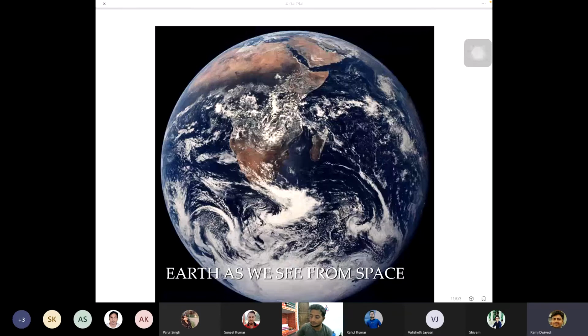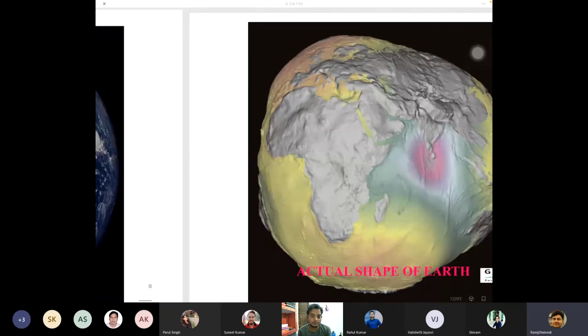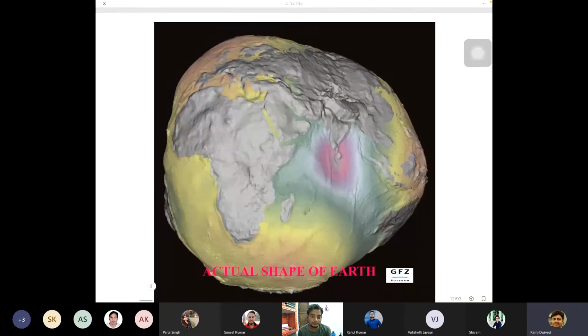It is a very good surface, and it looks like a sphere, isn't it? As a solid sphere, as you see this figure from space. But if you come to the reality, your Earth looks like this. So from 400 kilometers, it looks like everything is okay.